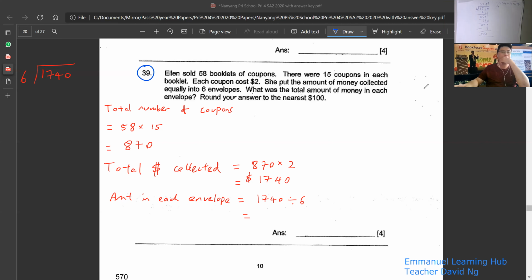So what's the answer? 240. I mean 290. But the question wants you to round your answer to the nearest 100. Yeah, I don't know how to do that.